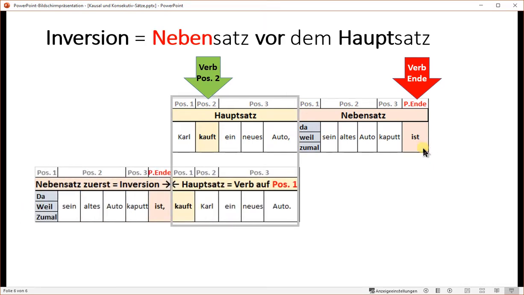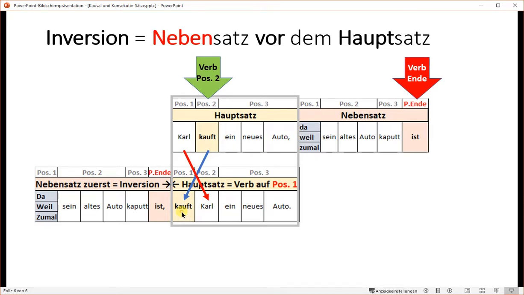So here comes the inversion. The Nebensatz starts here with da sein altes Auto kaputt ist, kauft Karl ein neues Auto. This is the Hauptsatz. And when you compare it to the upper one, Auto is on the same position, neues ein is at the same position, but the subject Karl in this inversion goes on position 2, while the verb in the Hauptsatz, which was position 2, goes here in the inversion to position 1.